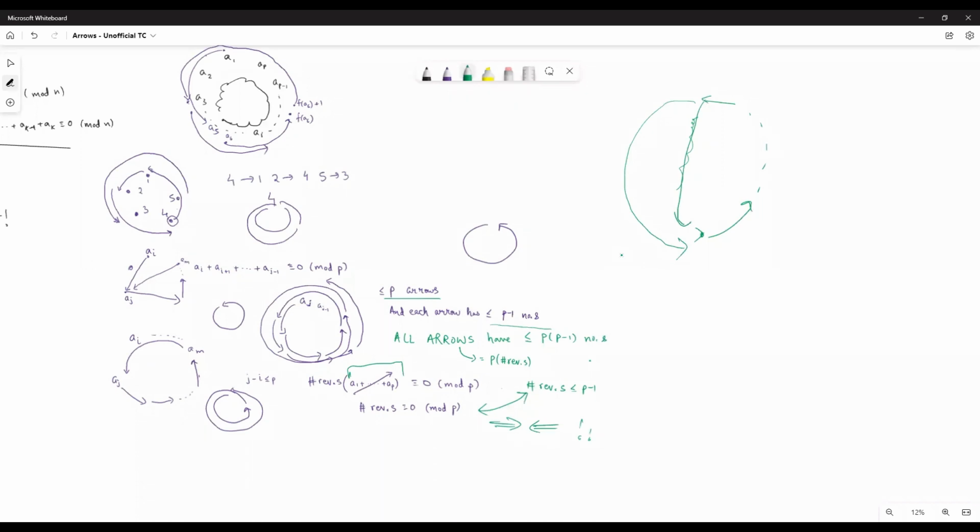So it vanishes, and we have that the number of revolutions is divisible by p. These two conditions give a contradiction simultaneously. Is this proof fine? Yes. Any doubts you can ask me now.